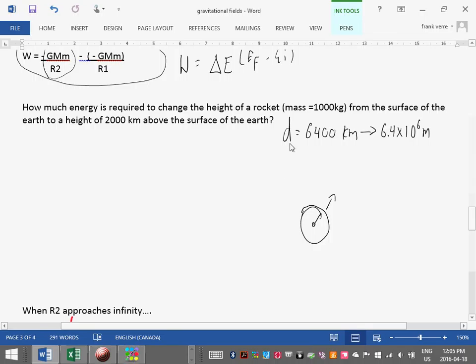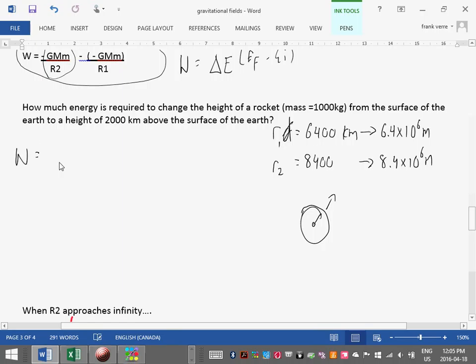Maybe I should just use R instead of D, so I'm going to change this to R. This is R1. Now we're going to talk about R2. What would R2 be then? It would not be 6,400 kilometers, it would be 8,400 kilometers, which means it's going to be 8.4 times 10 to the 6 meters. Okay? So let's take a look at our equation.